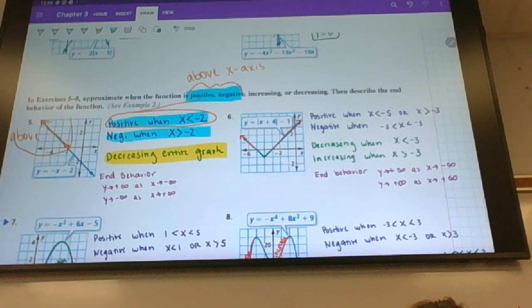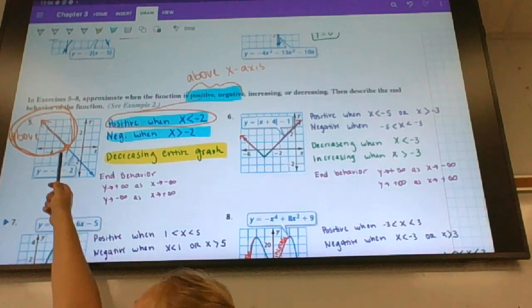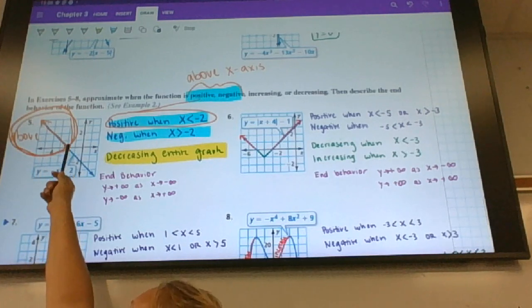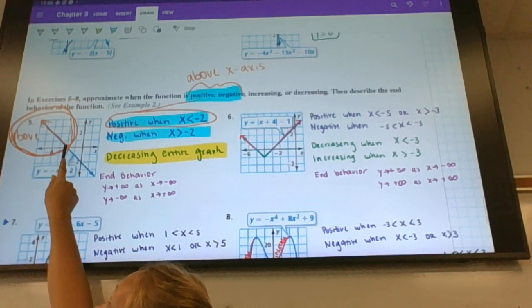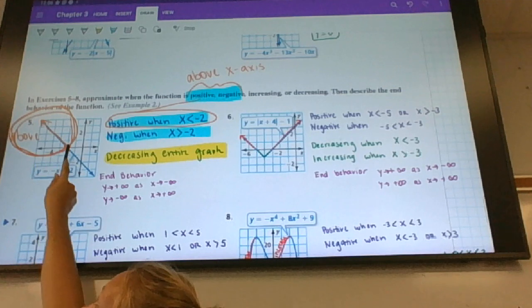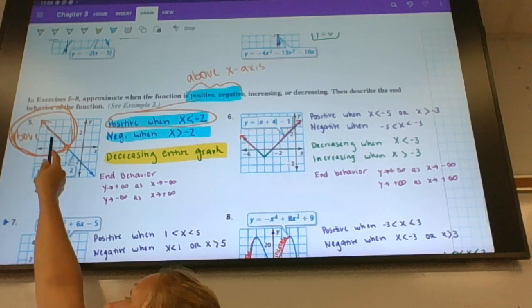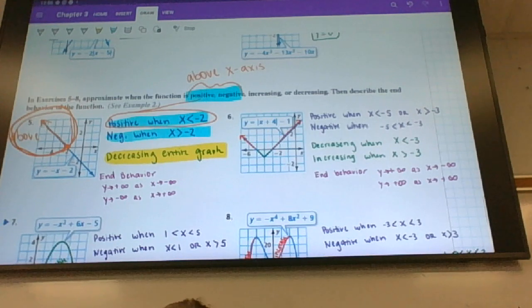How do I describe this area? How do we say where it is above the x-axis? We have to say, according to the x, where the graph is above the x-axis. From -2 and lower, it's above the x-axis.